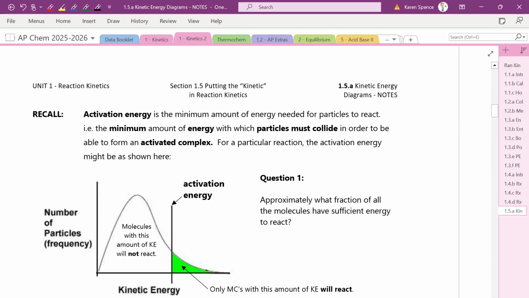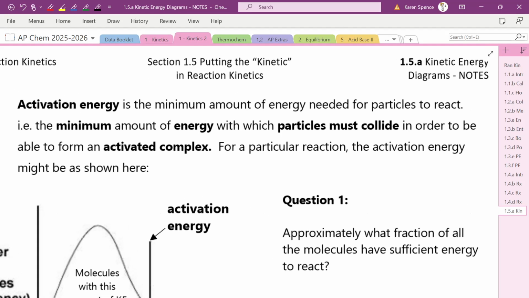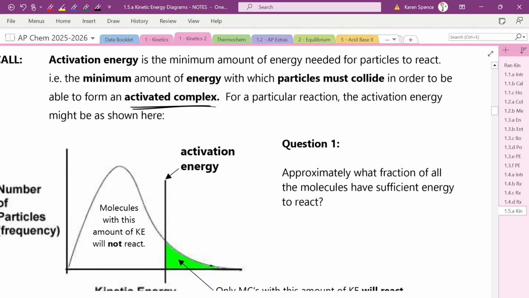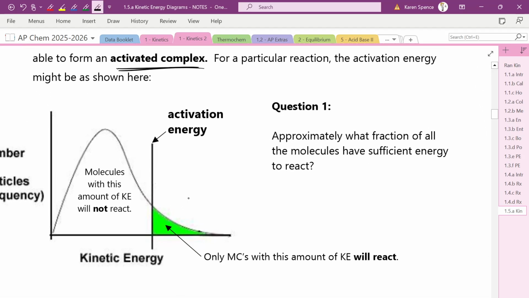All right. Recall, activation energy is the minimum energy with which particles must collide in order to form an activated complex. So let's say that right here we have this activation energy, and let's just say that this is 10 kilojoules, okay?